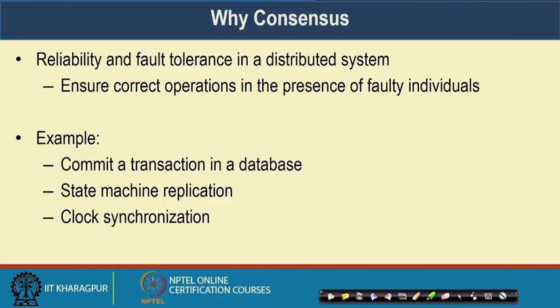There are multiple examples of consensus in a distributed system. If you think of a distributed database where transactions are coming in from multiple points of sale, say from multiple ATMs and multiple banking sectors, consensus is an important aspect.